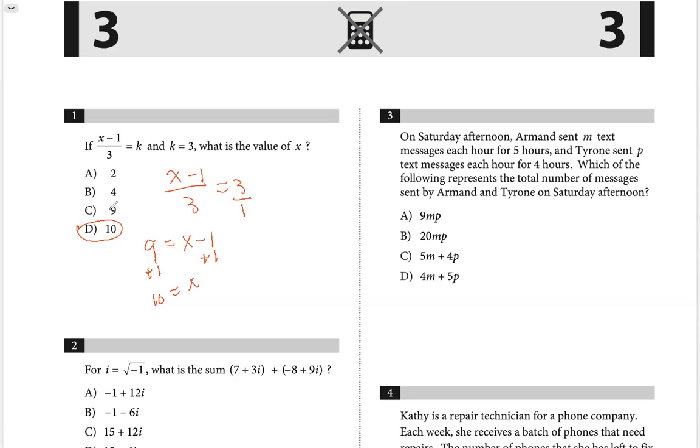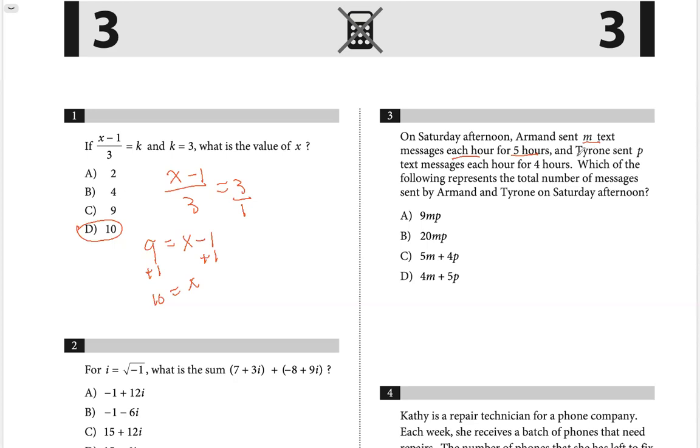Well, let's see 3 first, because otherwise I have to click more buttons. 3 says, on Saturday afternoon, Ahmed sent M text messages each hour for 5 hours. So how many messages did he send in total? 5 times M, right?